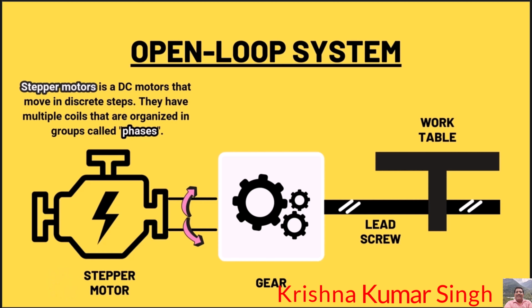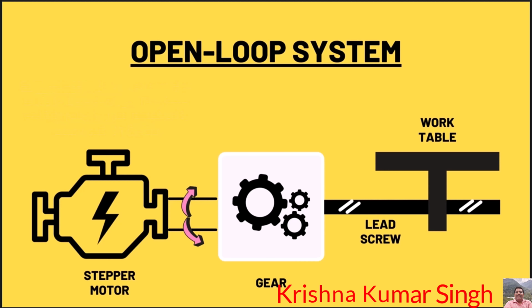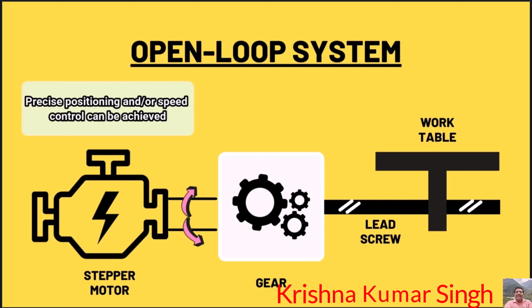It has multiple coils that are organized in groups called phases. By energizing each phase in sequence, the motor will rotate one step at a time. With computer-controlled stepping, you can achieve very precise positioning and speed control.